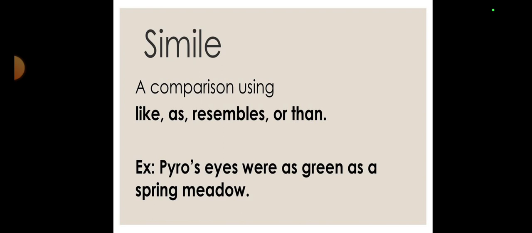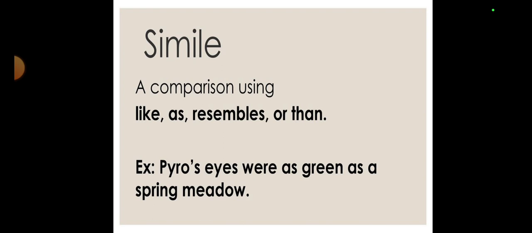First one is simile. Definitely, we find in our speeches different sorts of comparisons, and if the comparison is in this way, that we use words like, as, resembles, or than, it means we will be comparing one thing to the other, right? Like Pyro's eyes were as green as a spring meadow.